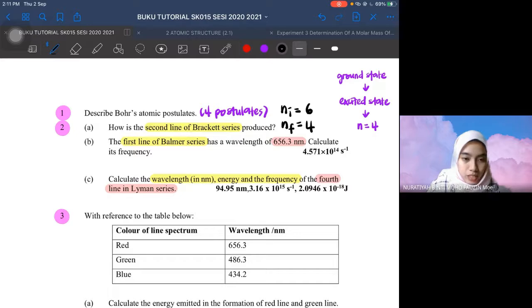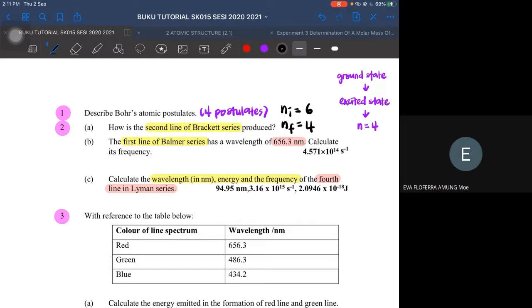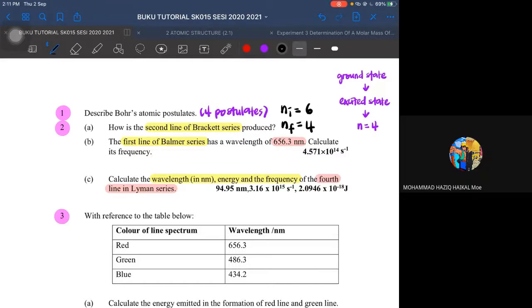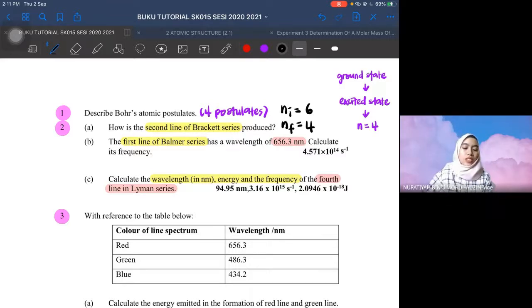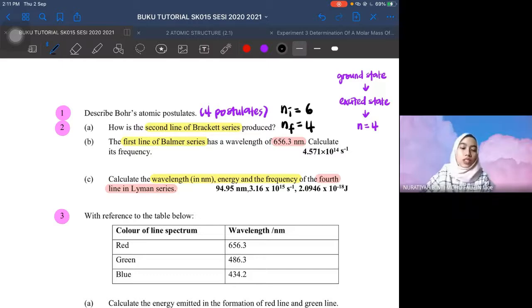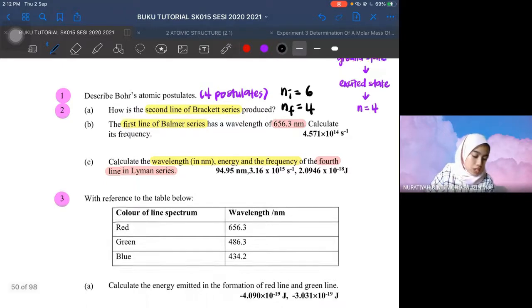The second line of Brackett series is produced when an electron falls from energy level 6 to energy level 4, or to the fourth orbit or fourth shell. But energy level is more commonly used, okay. So the second line is produced from that. So that is the answer. Next, B.